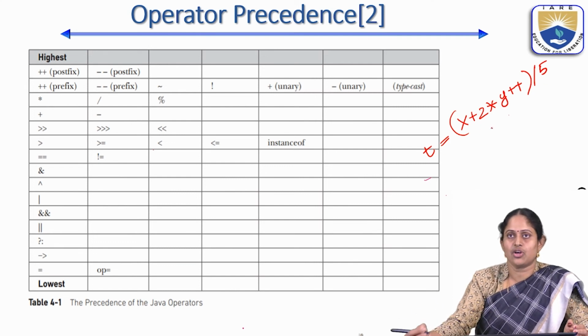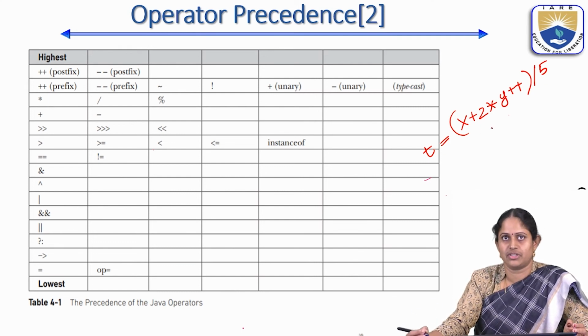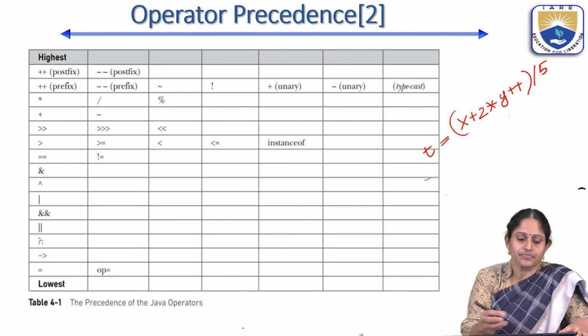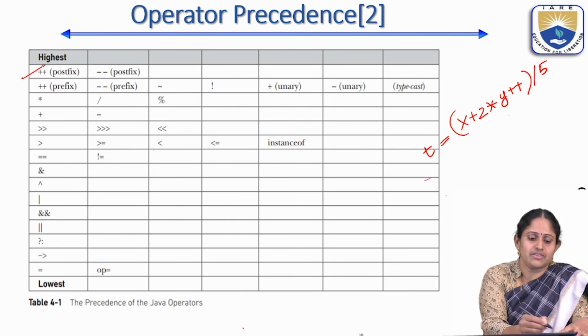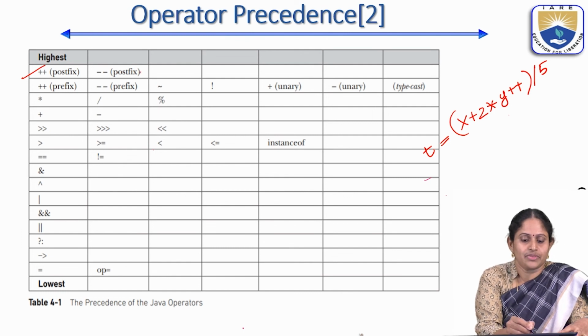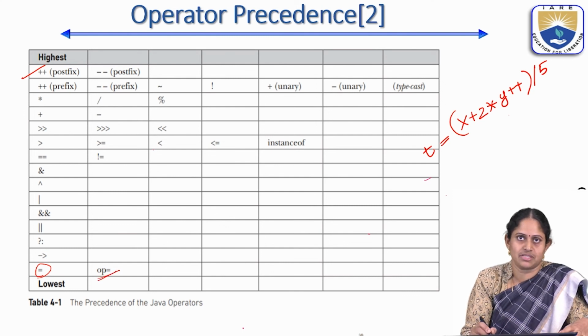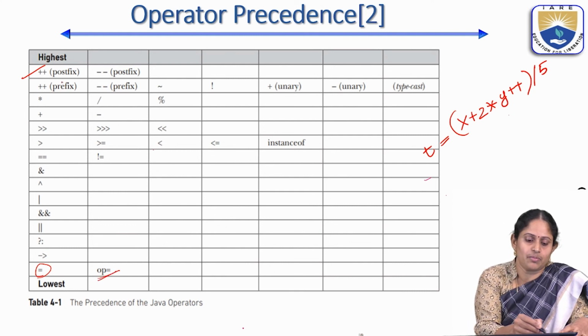We have to see which operator should be executed first. In Java, this is the table of operator precedence. The postfix notations have the highest precedence, and the assignment operators have the least precedence. So we start with these operators and follow down.